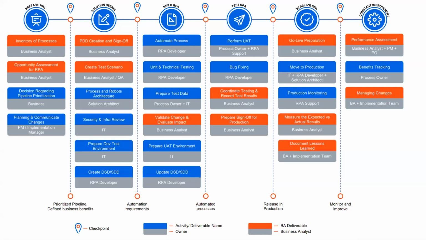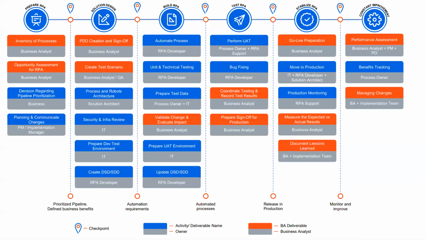All right. So the process owner is nothing but the process client, so we are describing it as a business on this particular slide. Once we have test RPA, the next phase is to stabilize, which I have already talked about. Once the bot moves into production, we need to talk about how we can move a bot into production.